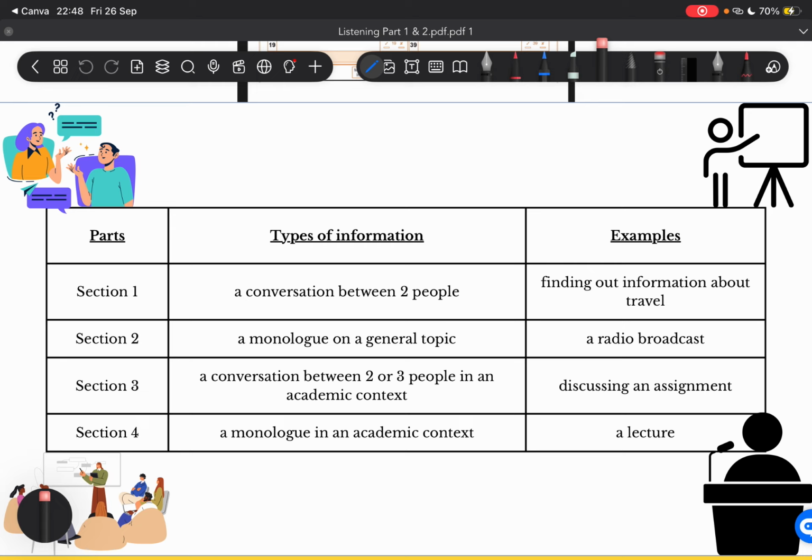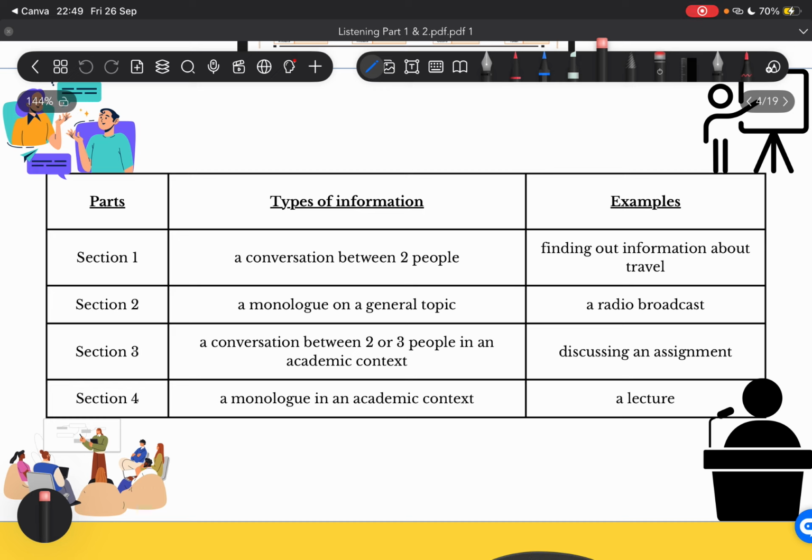An example might be finding out information about travel. It's about someone asking another person for advice, for a service, just trying to find out what they can do with something. And section 2 is going to be a monologue.